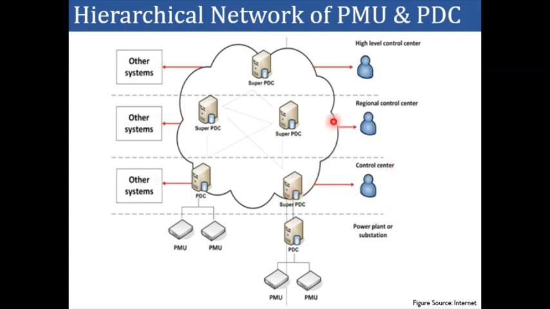Then we have a network of super PDCs installed at various levels, say at the SLDC or the regional load dispatch center level, where they interact with each other to consolidate and aggregate the data of all the PMUs connected in the system. So this is how the hierarchical network of phasor data is maintained.